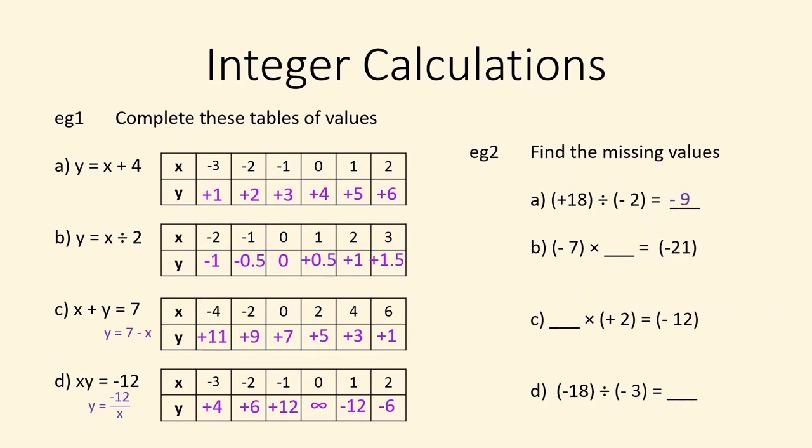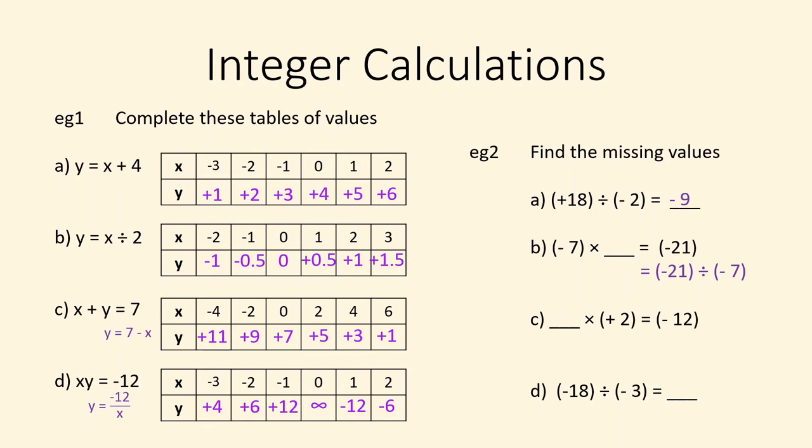For question B, let's start by rearranging this. 7 times something is equal to negative 21. To get that something on its own, the opposite of multiply is divide. So I'll do negative 21 divided by negative 7. I don't change the negative to positive. I just change the multiply to divide.